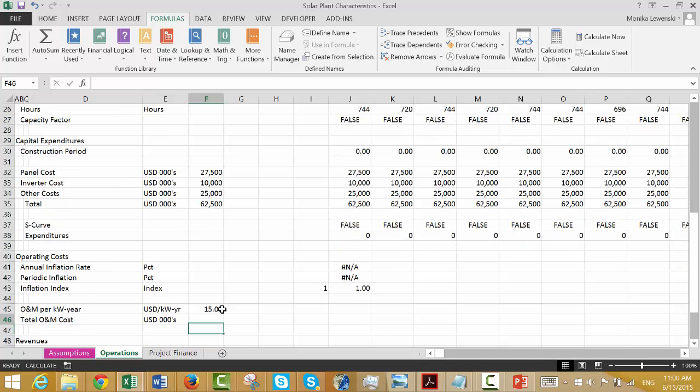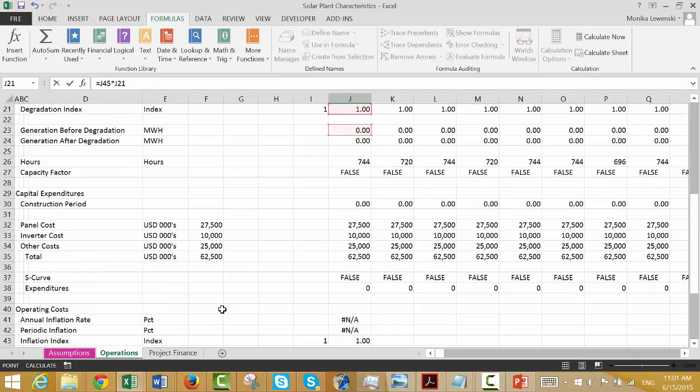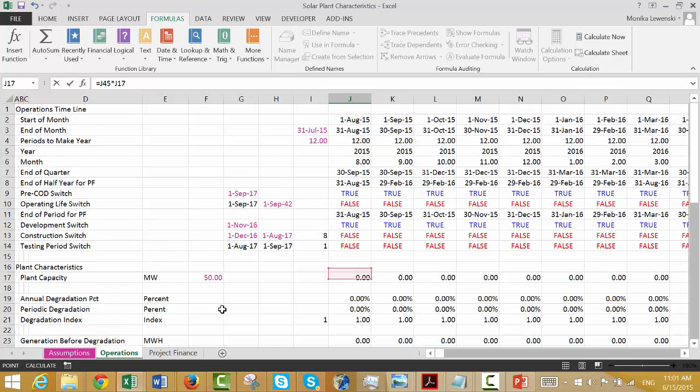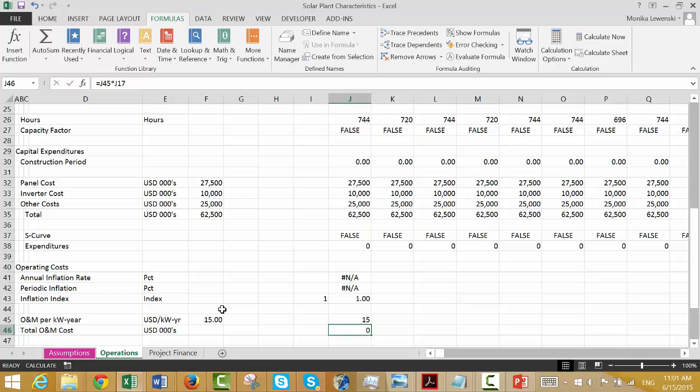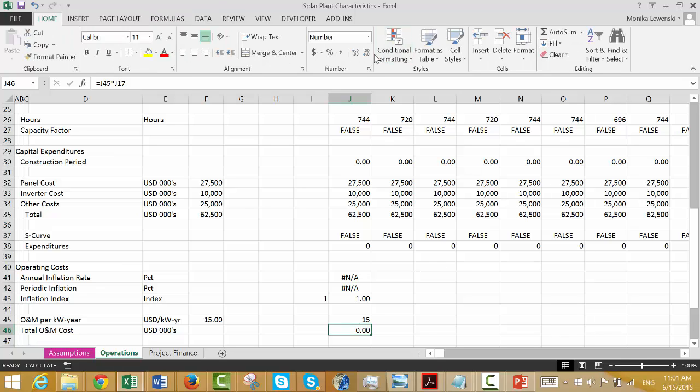Okay. And then the O&M cost per year we got from the 15. It didn't work, did it? So our total, this is going to be F4 multiplied by our index, and we can just multiply this one by the capacity. And the good news is we don't have to put it by a switch because we already have it going to 0.